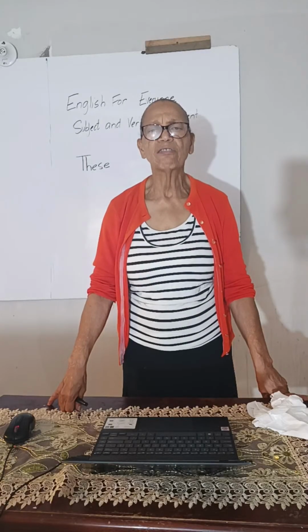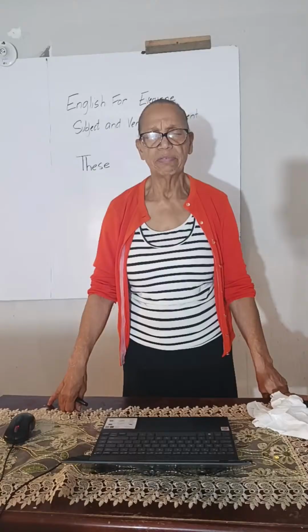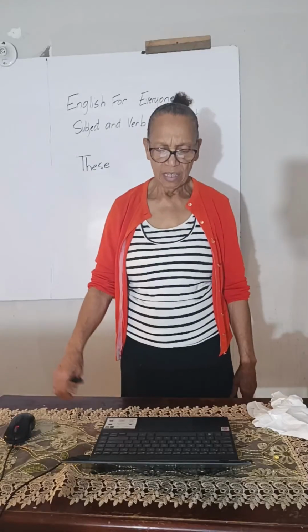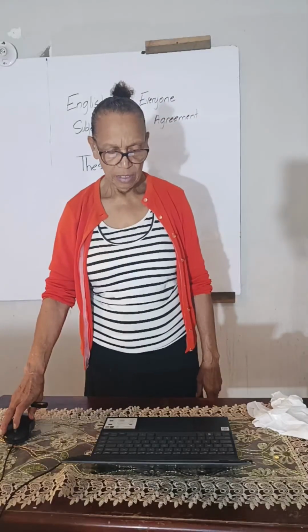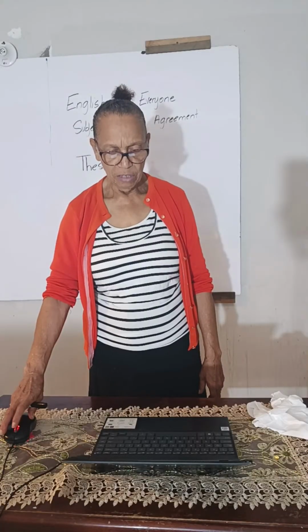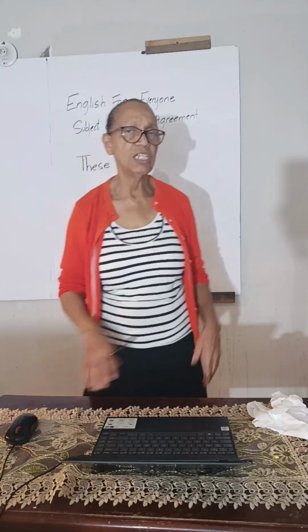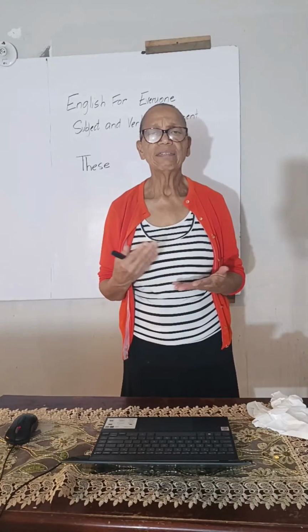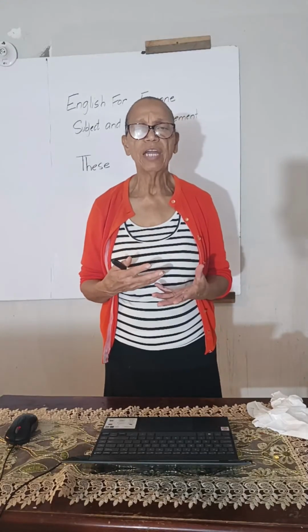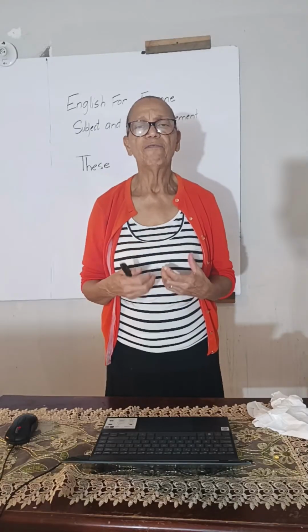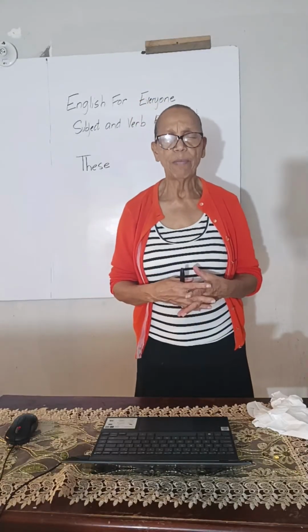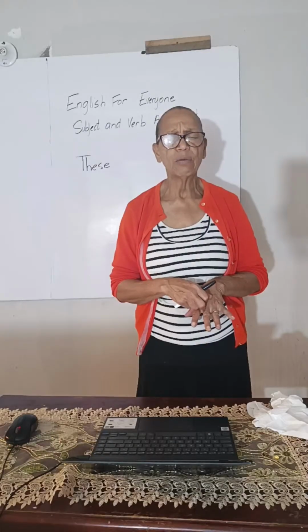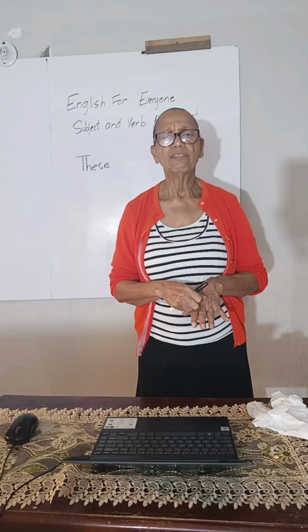However, these take plural verbs, right? Means more than one. So we are going to continue with looking at singular and plural subjects along with verbs. Next week again, we're going to wrap it up because there are a few others that we need to look at and make sure you are right.